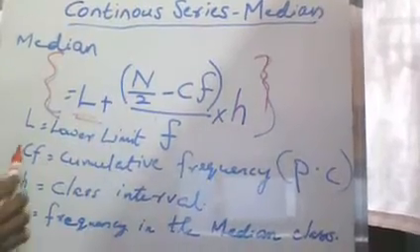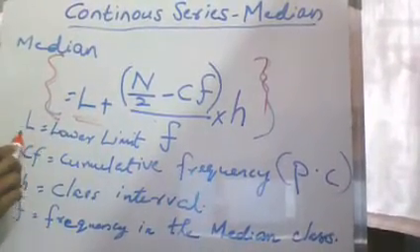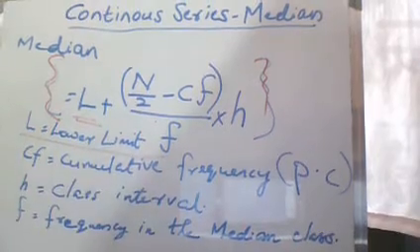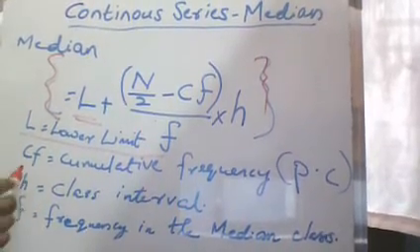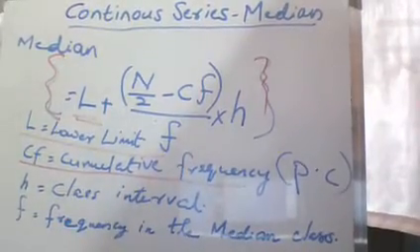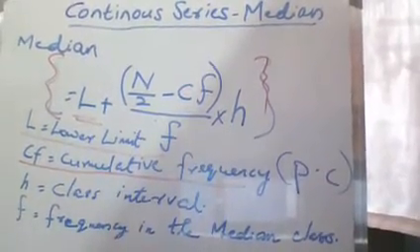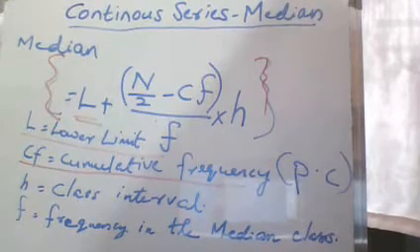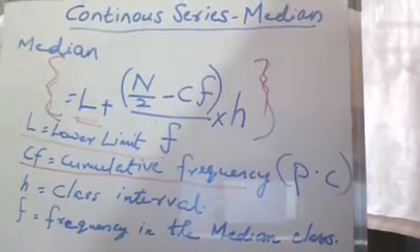Here L is the lower limit of the median class. CF is the cumulative frequency, but here it is the cumulative frequency preceding the median class. That is the main point. H is the class interval, and then the next one is the frequency of the median class.